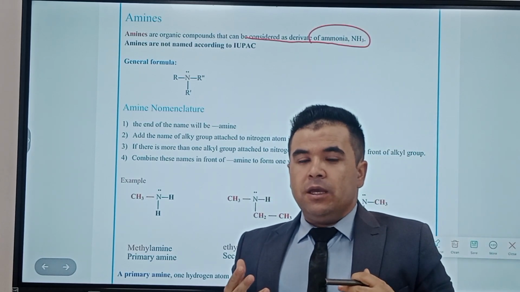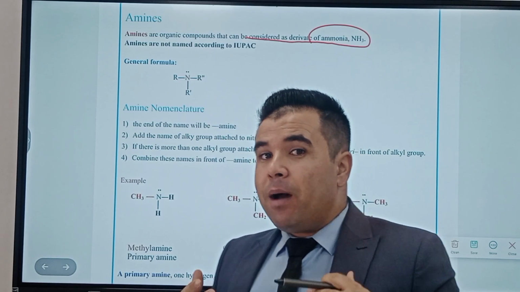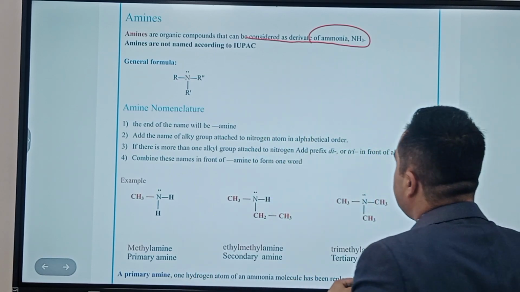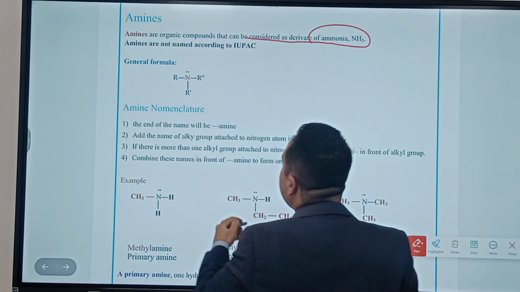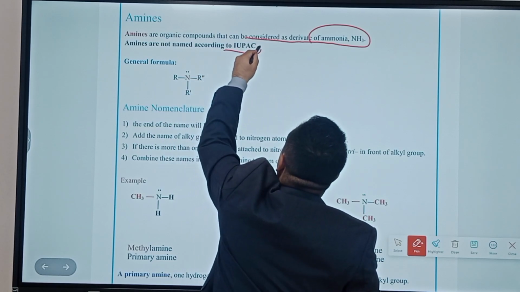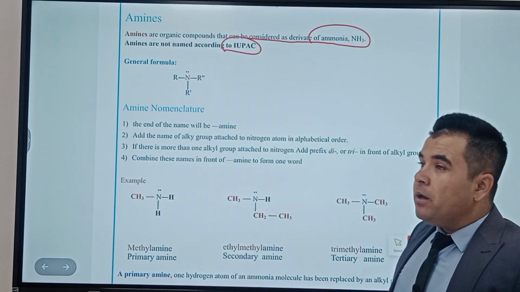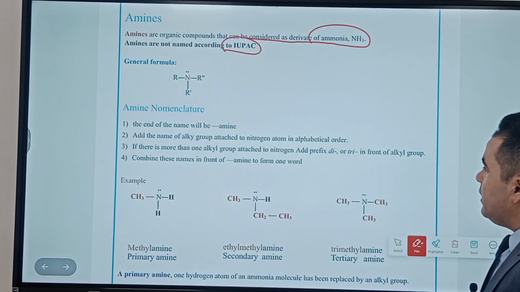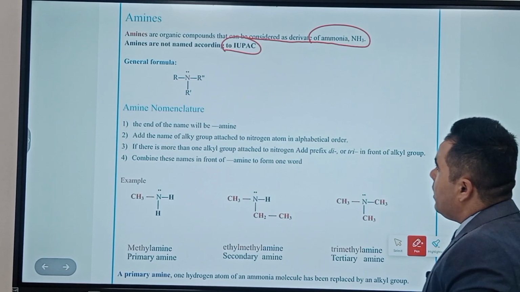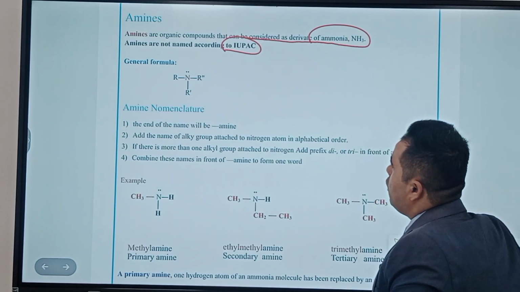We derive the amines from ammonia. Amines are not named according to IUPAC. We name them according to other systematic naming. We do not name them according to the IUPAC naming.